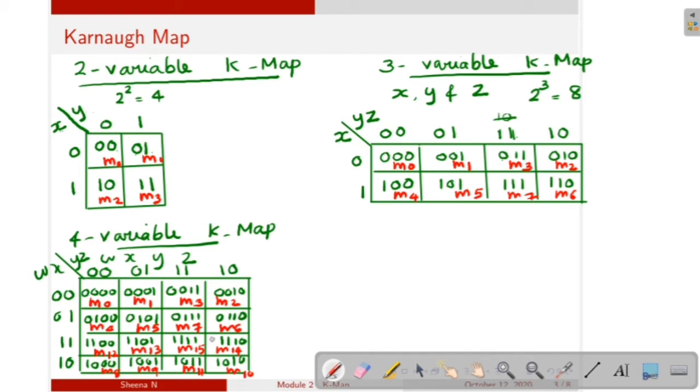So this is the structure of the 4 variable K-map. Okay, so 2 variable K-map, 3 variable K-map and 4 variable K-map.